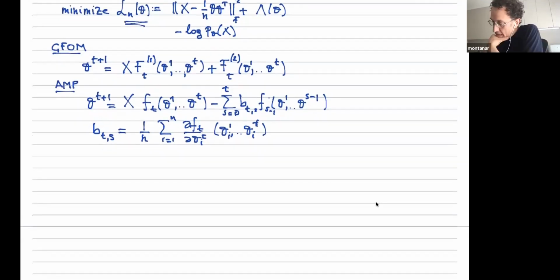So this is the algorithm. You do the same thing, that is, compute an operation entry-wise on the previous vectors.